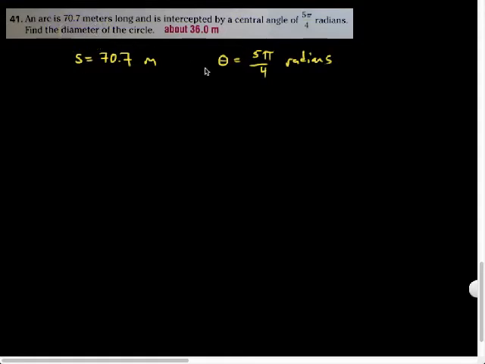So what I can do is, if S is equal to r theta, I'm going to find r and then double it to find the diameter. So for this one, I'll have 70.7 equals r times 5 pi over 4. To solve for r, I would multiply by the reciprocal on both sides, so 4 over 5 pi on both sides.